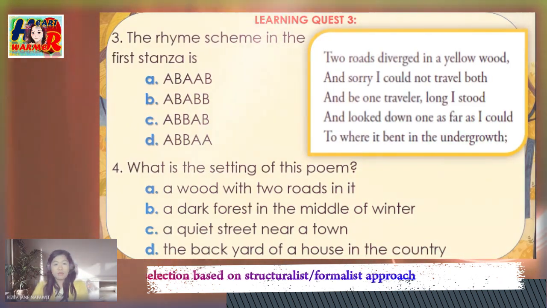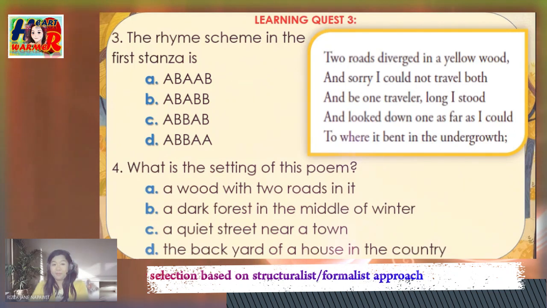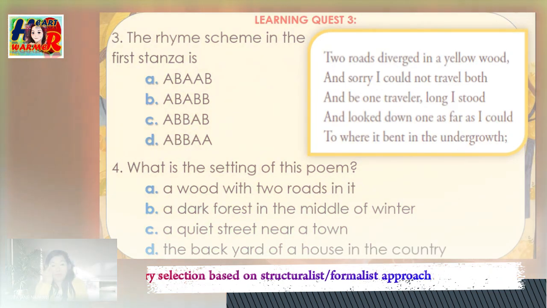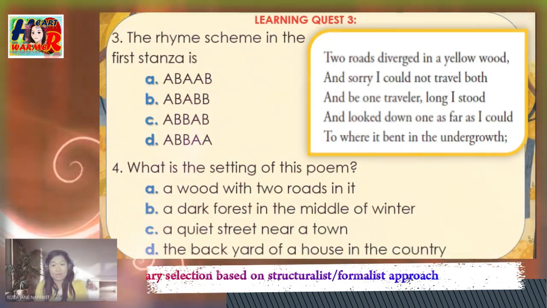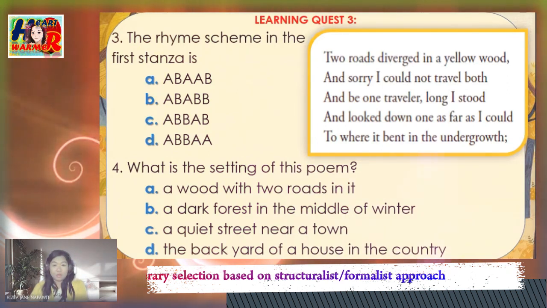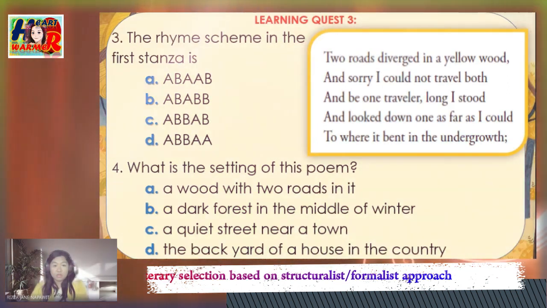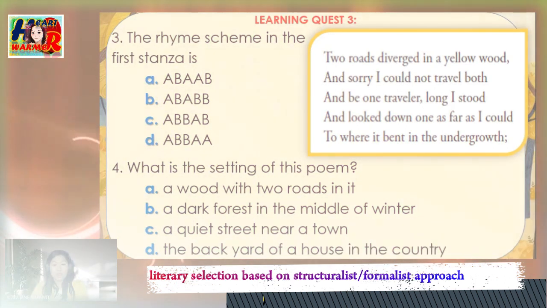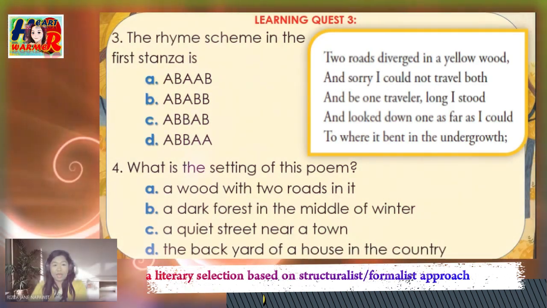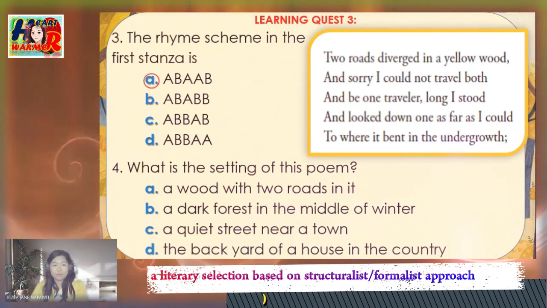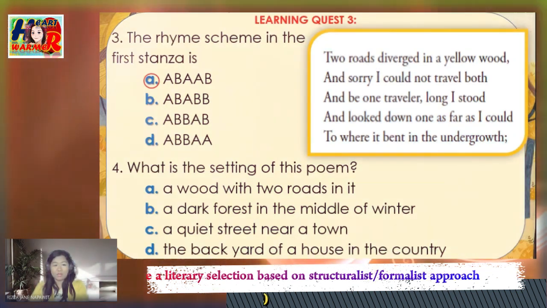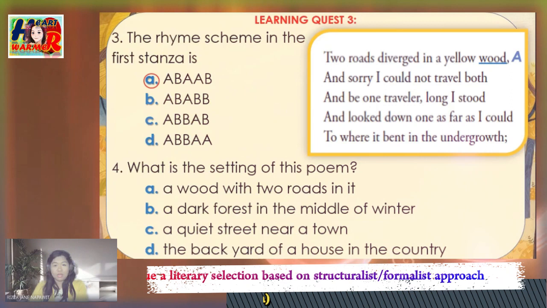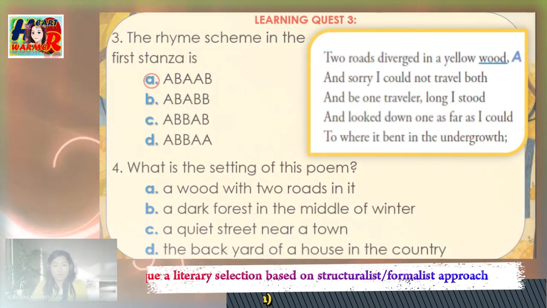Next, the rhyme scheme in the first stanza is, so if you notice, wood, both, stood, could, undergrowth. The correct answer is letter A. How is it letter A? Wood is A sound.